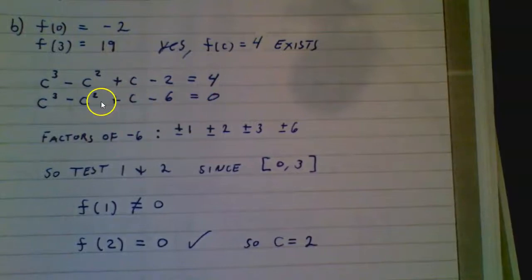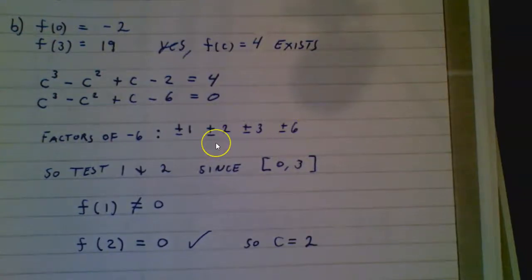Possible solutions to this are always found by taking factors of this and dividing it by factors of your leading coefficient. So I'm taking every factor of 6, dividing it by every factor of 1. And so these are the potential zeros that I could have.